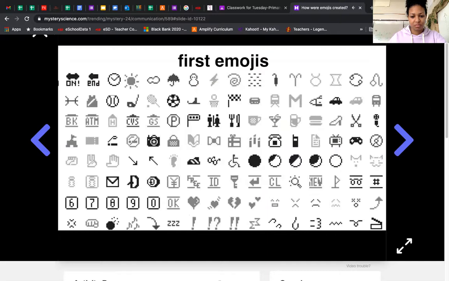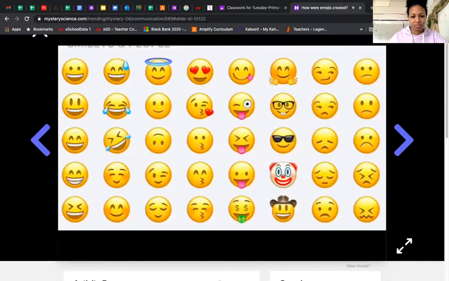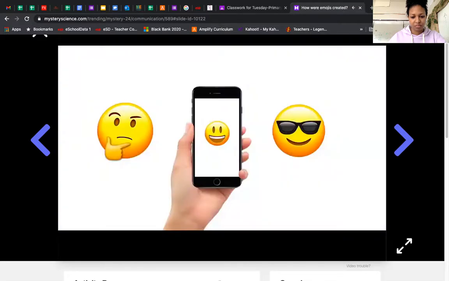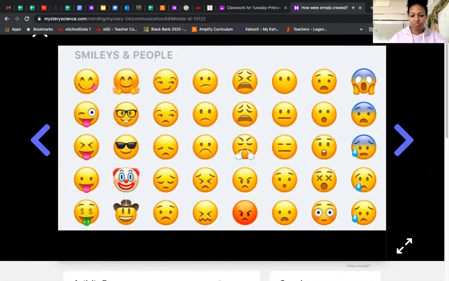When they were first invented, there were only 200 emojis, all of them really simple emojis in black and white. But now there are over 1,000 emojis, colorful and detailed, covering all kinds of different feelings. So, in summary, emojis didn't always exist. They were invented by someone, an inventor who wanted to solve the problem of sharing how we're feeling over text. Now, there are over 1,000 emojis used by people all over the world.